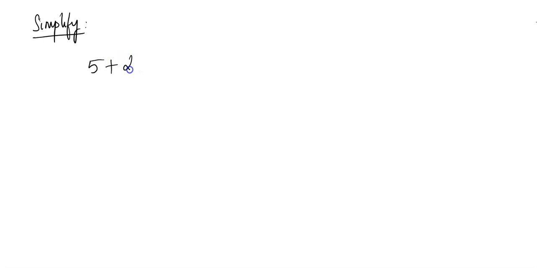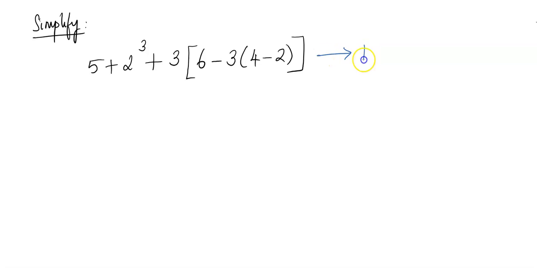Five plus 2 cubed plus 3 times 6 minus 3 times 4 minus 2. Okay. All right, let's start with PEMDAS again. This one is loaded with grouping symbols.